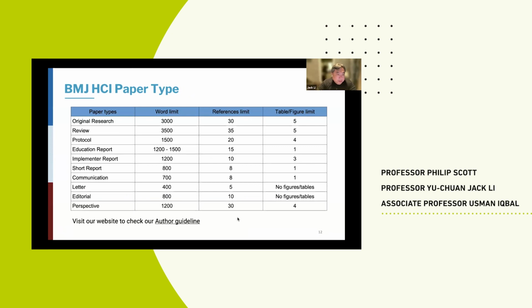The most prevalent type will be original research, with a word limit of 3,000 words, a reference limit of 30, and a table and figure limit of 5. A common one is the implementer report, which is 1,200 words, and the short report, and also communication, which is of course the shortest format.